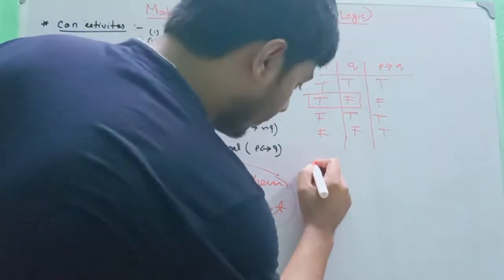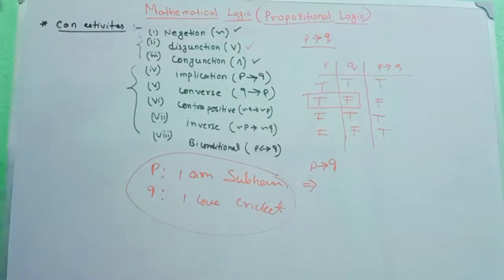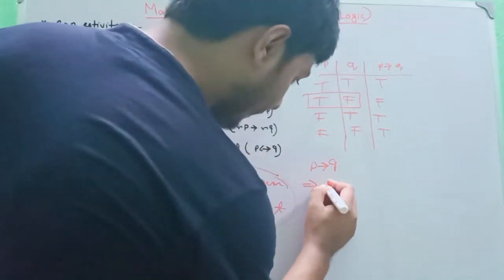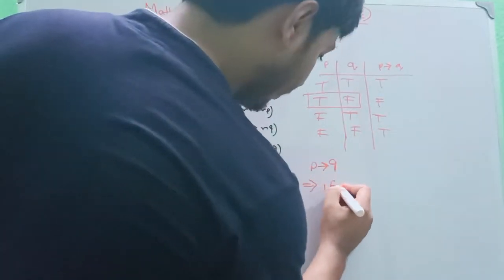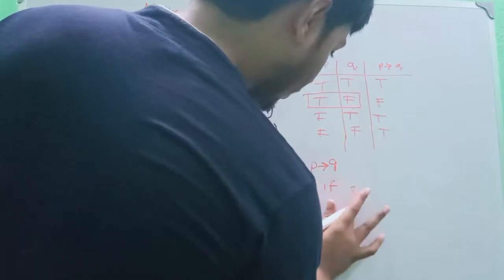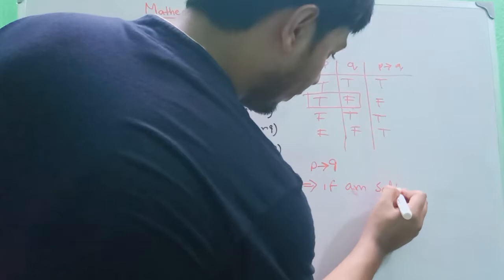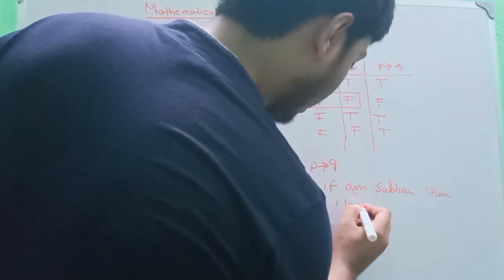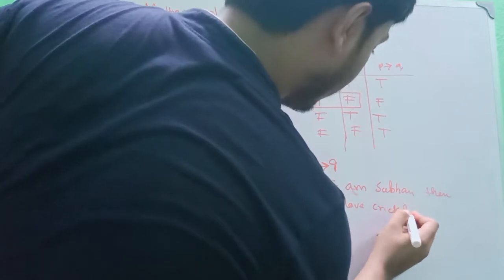So P implies Q equals: if I am Shubham, then I love cricket.